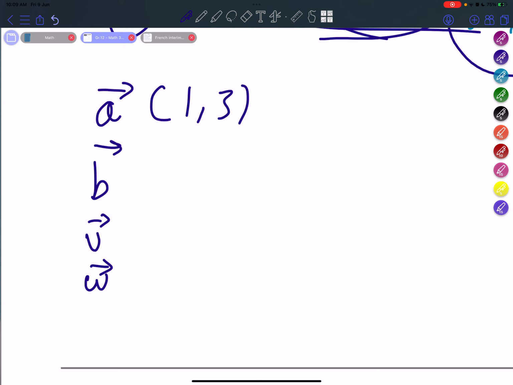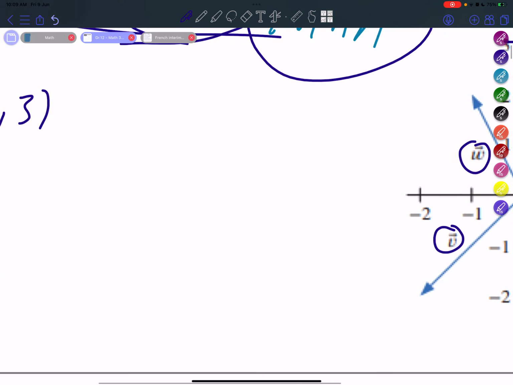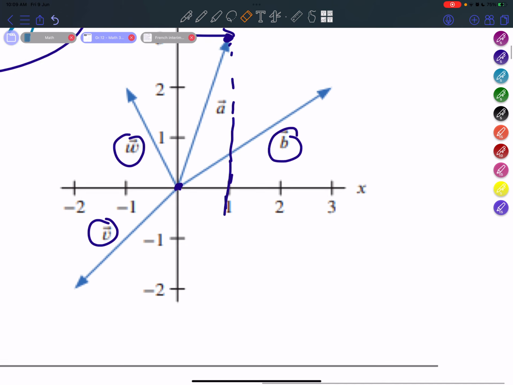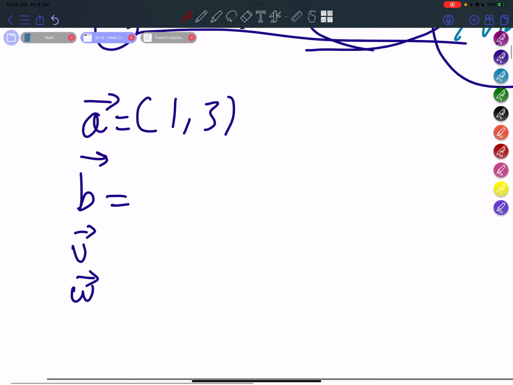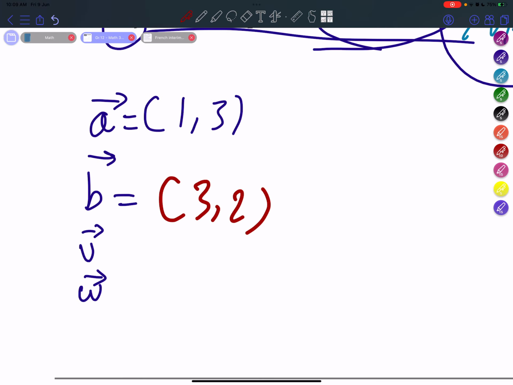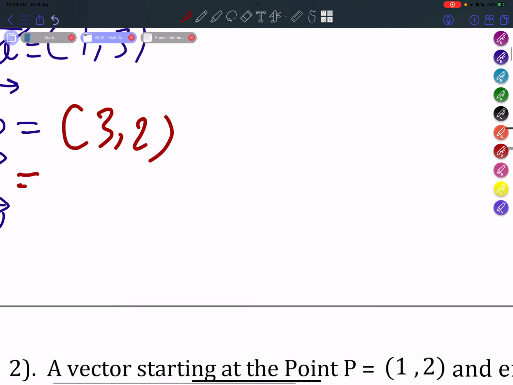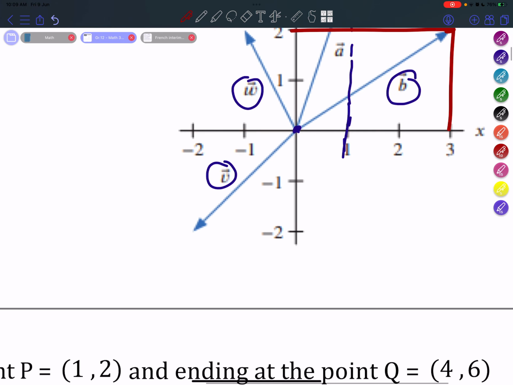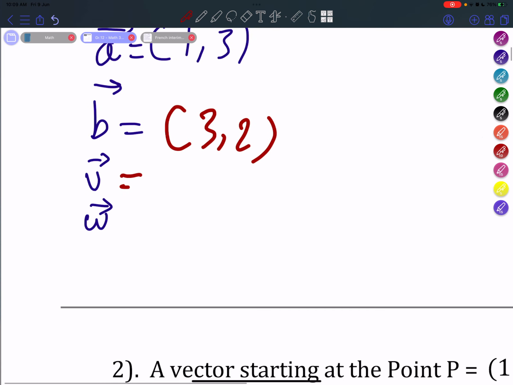For B, same thing. Y is 2 and X is 3, so let's write it here: 3, 2. For V this time, X is negative 2 and Y is negative 2, which means it will be negative 2, negative 2.